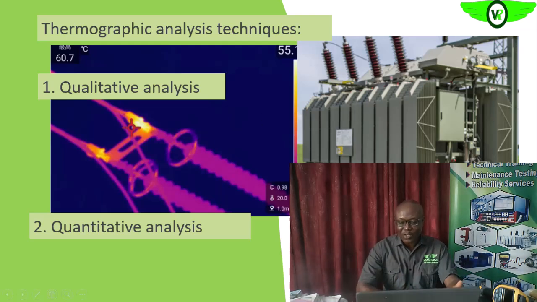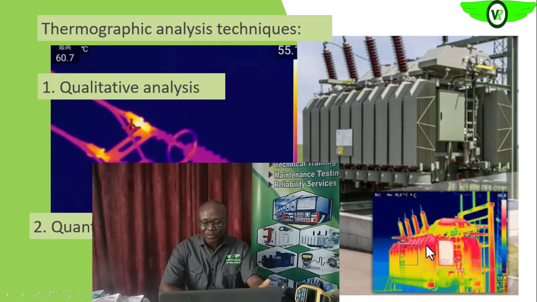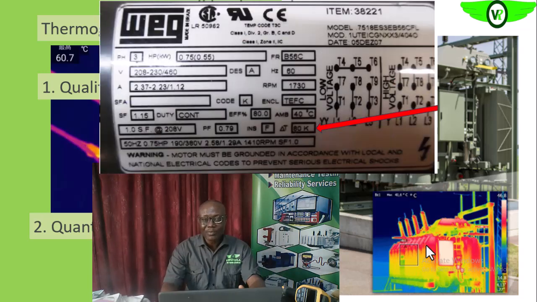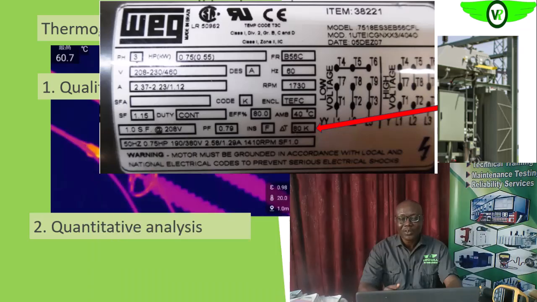Then you could also observe a hotspot here. You now make a quantitative measurement of the temperature at that spot, and compare it with the ambient and look for your delta T. On electric motors, for example, you see the delta T on the nameplate.